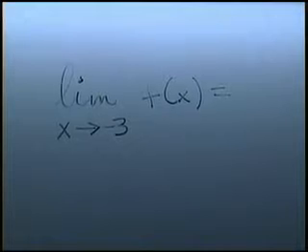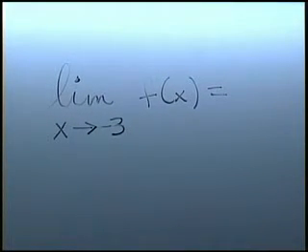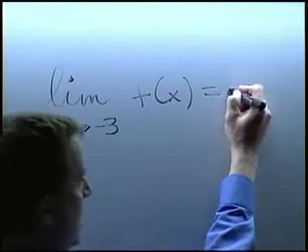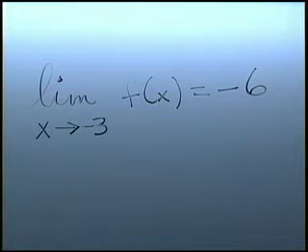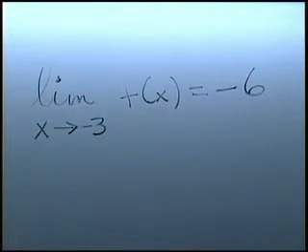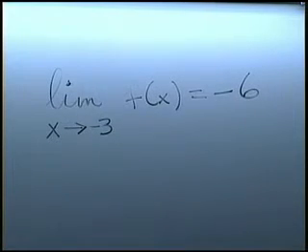What do we think the value is getting close to as x gets close to negative 3? We think it's getting close to negative 6. And so this is the notation that we use when we talk about limits in calculus. Okay? We list the x value down here, we list the y value over here, and that's what a limit really is. It's just what y value is that graph approaching? Well, it looks like it's approaching negative 6 because we're a little bit to the left and then just a little bit to the right.